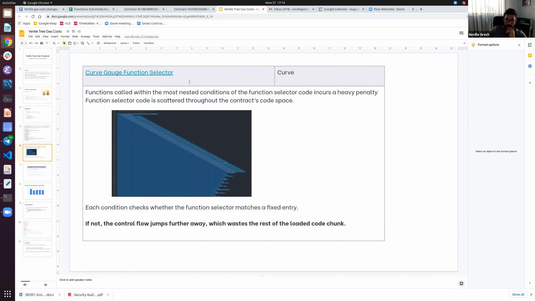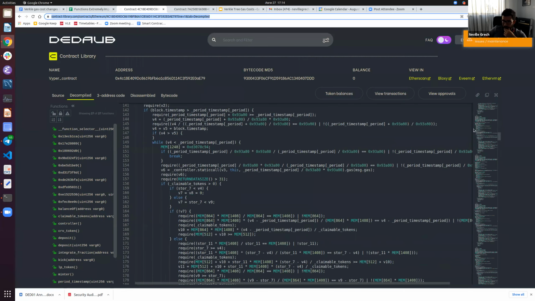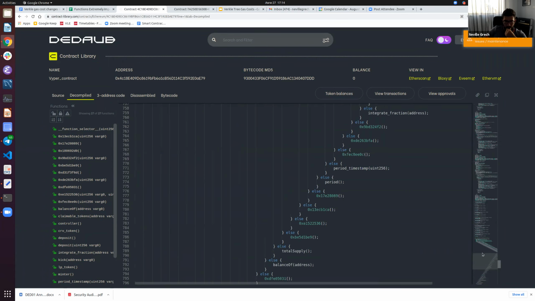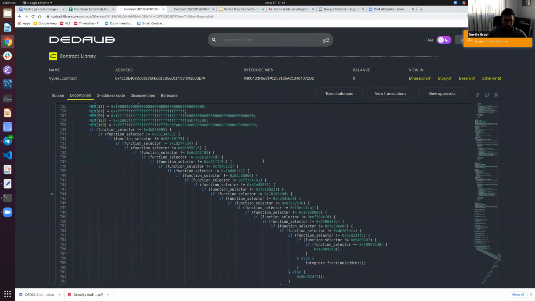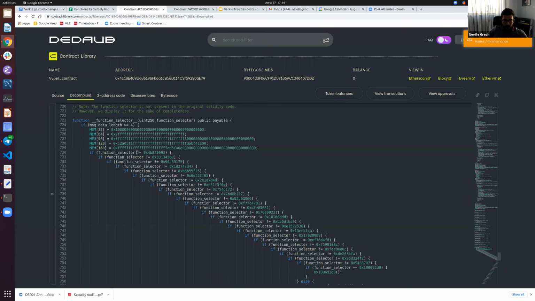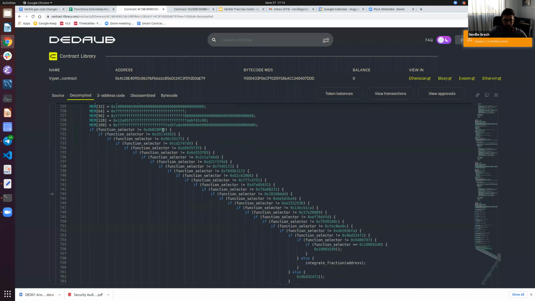Another interesting example is the curve gauge function selector. Okay, so this is written using Vyper. And let's look at the function selector code. Okay, so it's not the best decompiled representation, that is true. But what to keep in mind is that in this Vyper contract, the function selector is implemented using a linear search. So if you've got a function which matches the following signature, then the execution needs to compare to all of these different ones.